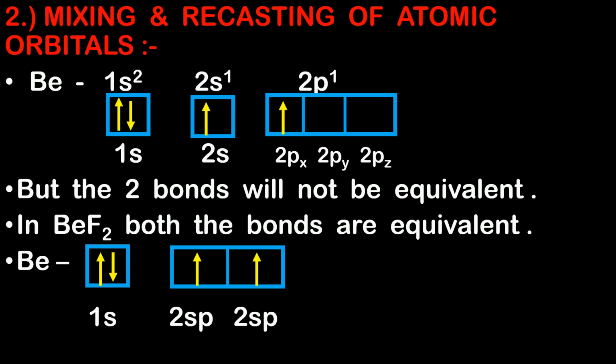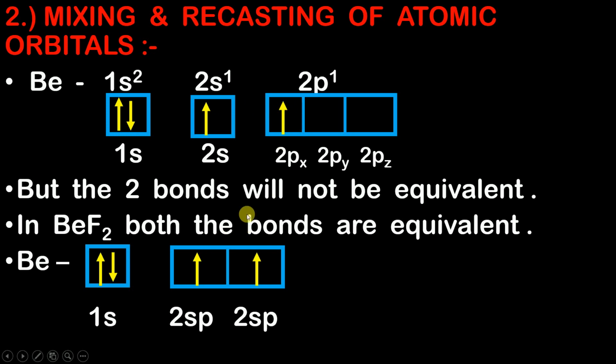Clear? Now, if you observe one thing over here, this 2s is a pure orbital, and it has got mixed with another pure orbital, this 2px, which is also a pure orbital. So guys, can I say that when two pure orbitals mix with each other, we get two hybridized orbitals.